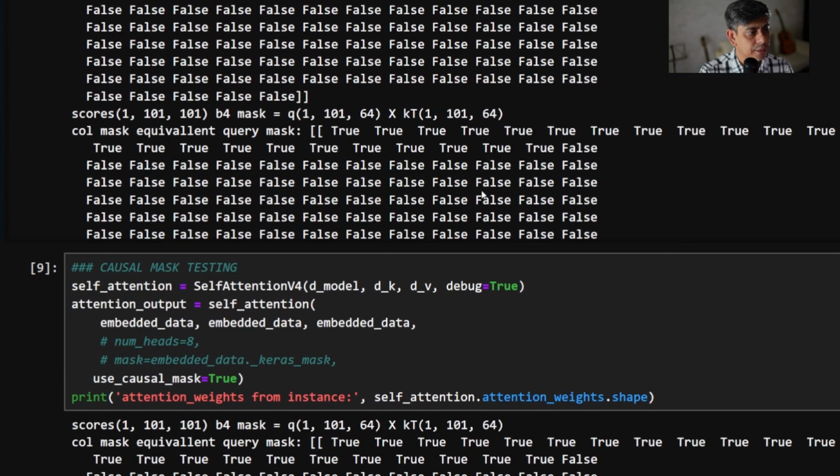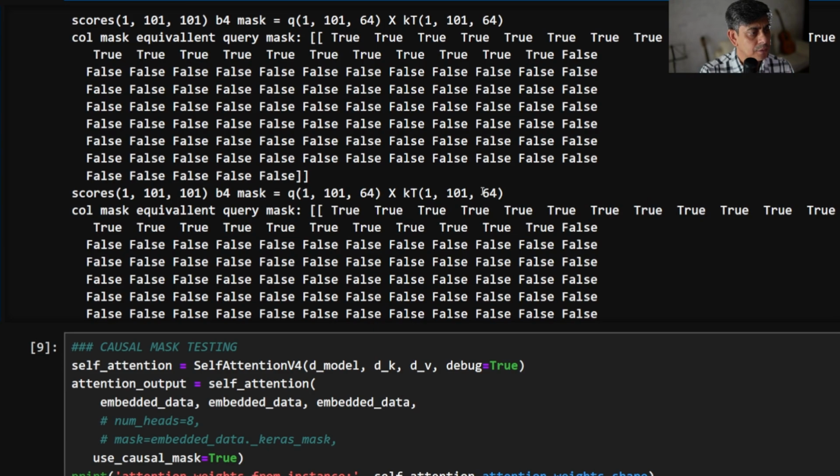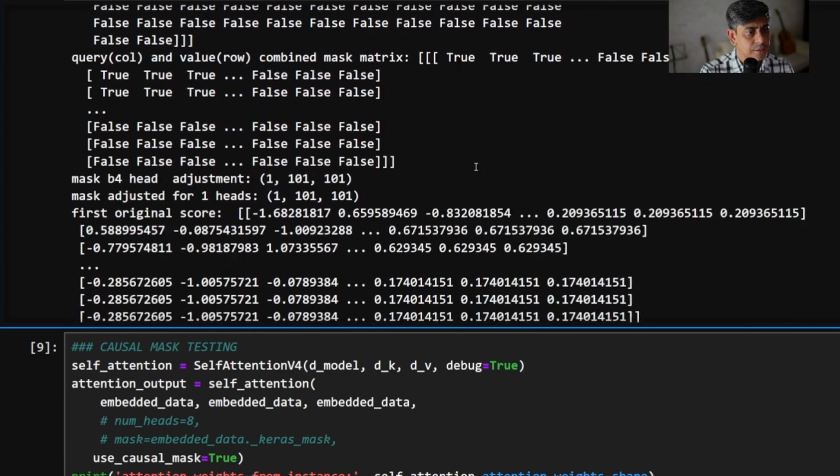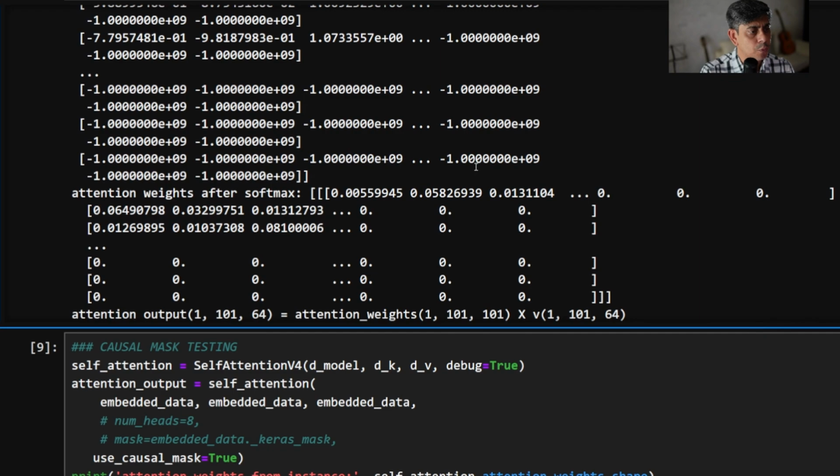We'll go there and we see that the output is 101 sequences, and each one of them is 64 dimensional. How did it come? It came because the attention weight was a square matrix of 101 by 101.